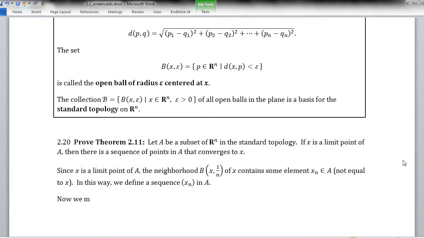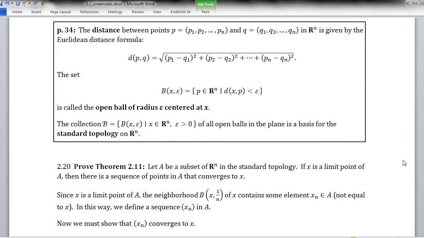Now we must show that x sub n converges to the point x. And, well, you recall our definition for convergence in a topological space. Basically, given any sort of neighborhood U challenge, you have to come up with some capital N response.